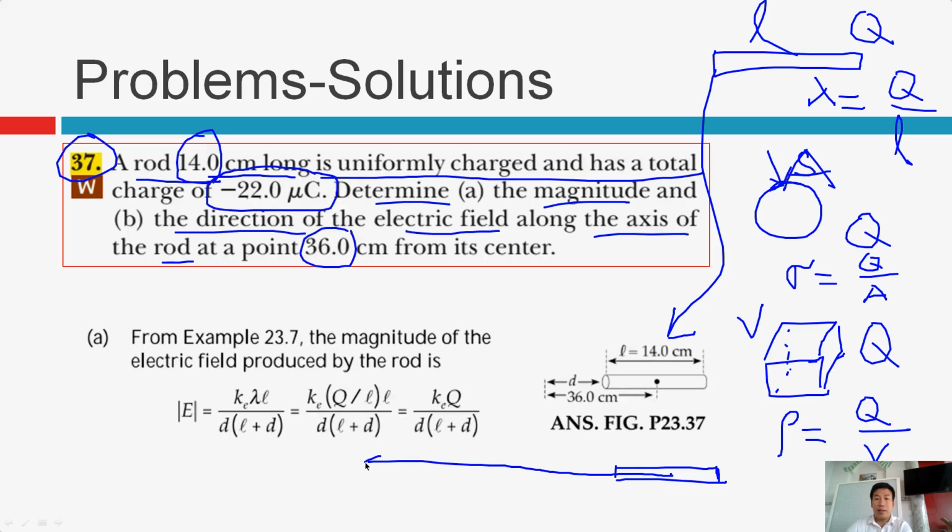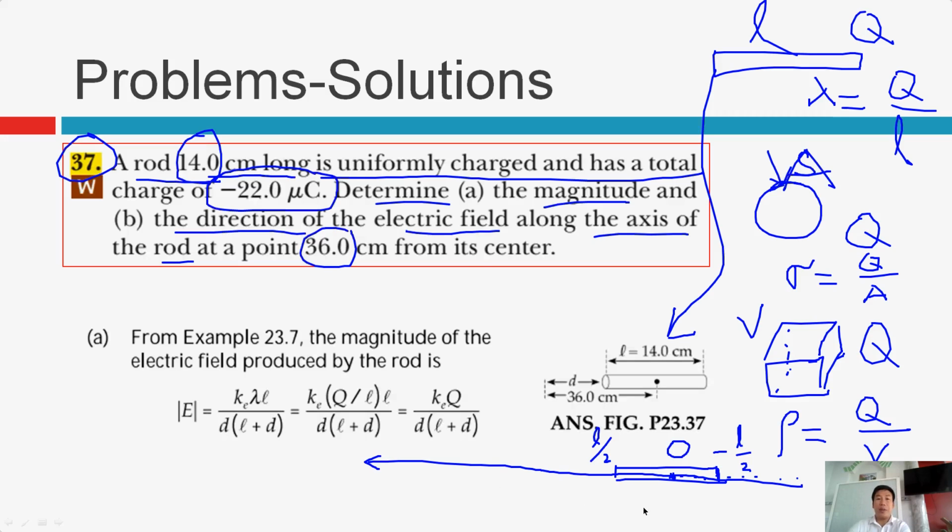I put the S direction here. I call the center 0. Is it okay? When we put the axis here, this is 0, this is minus L divided by 2, and this is L divided by 2.